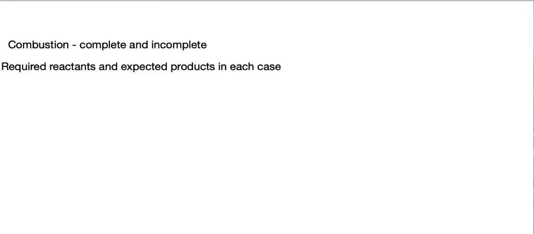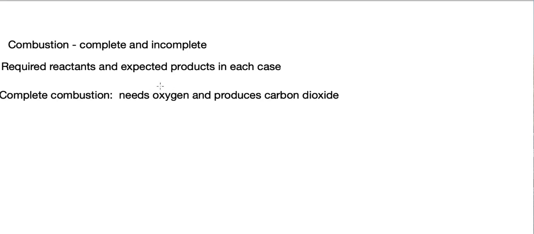Let's consider combustion while we're here. Combustion can either be complete combustion or incomplete. If we had complete combustion, we would need plenty of oxygen and we would get carbon dioxide.